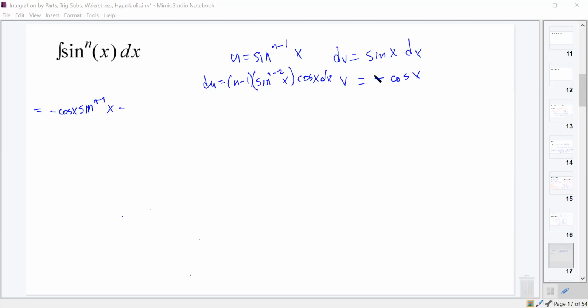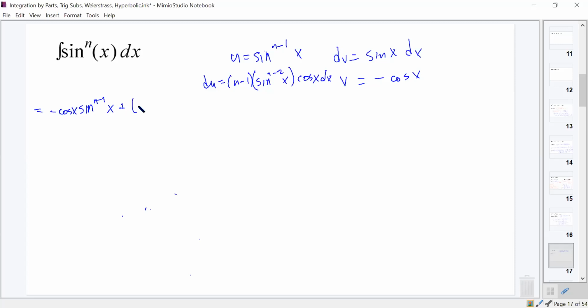So I can apply this minus sign to this minus sign and make that a plus. And then it's going to be a v du. So that's cosine x, it's n minus 1, it's sine to the n minus 2, and it's another cosine x. So part of that's a constant. What part of that's a constant? The n minus 1.